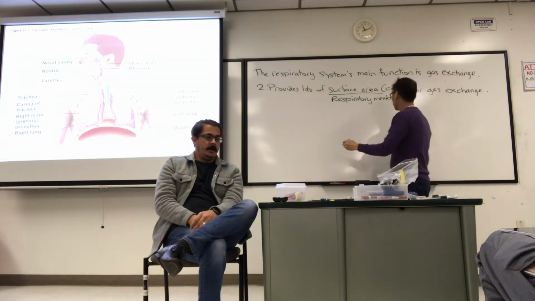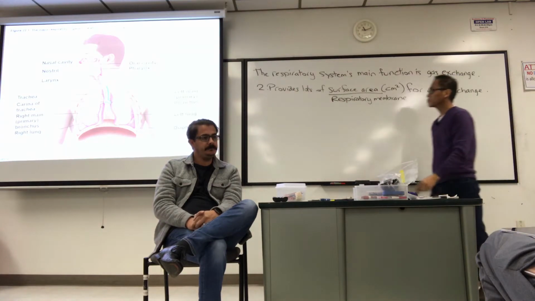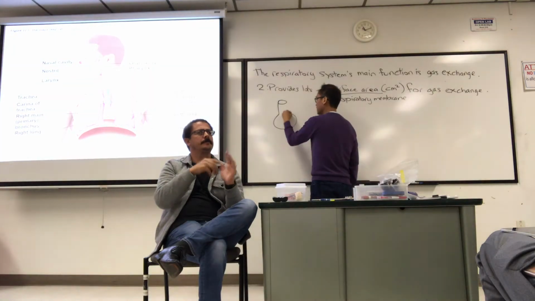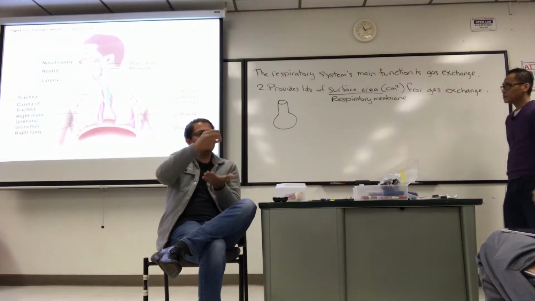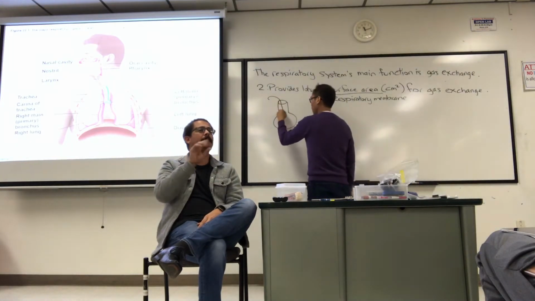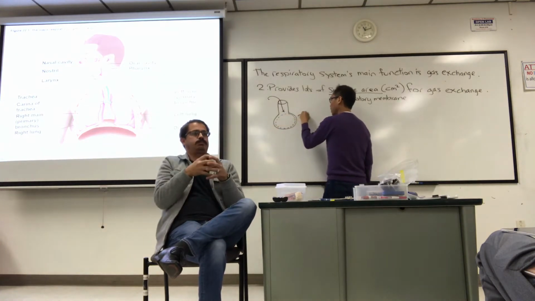A lot of times we illustrate the respiratory system as a little Erlenmeyer flask. The airway is the neck of the flask, and you deliver the fresh air to the alveolar space.